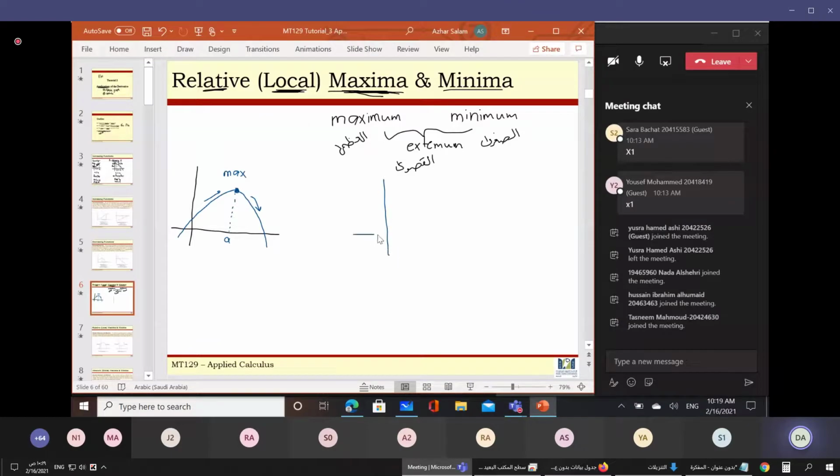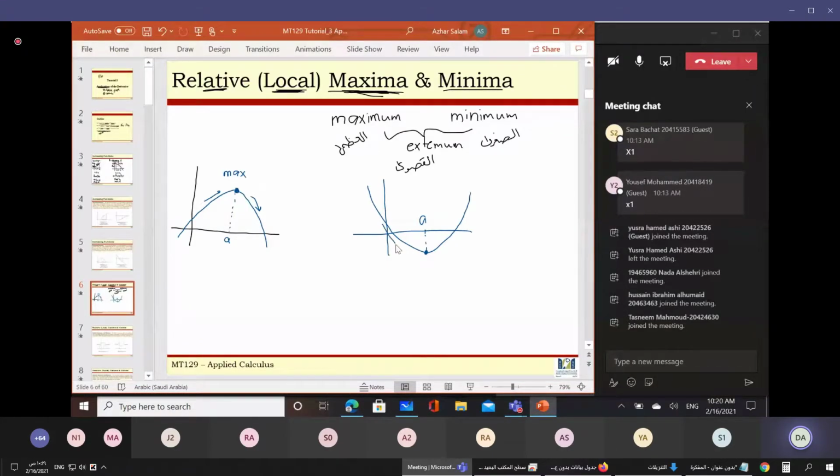If I have a function here, it begins decreasing like that, but at some point it stops decreasing and starts to increase, up, like this. Let's say that this point is A also.